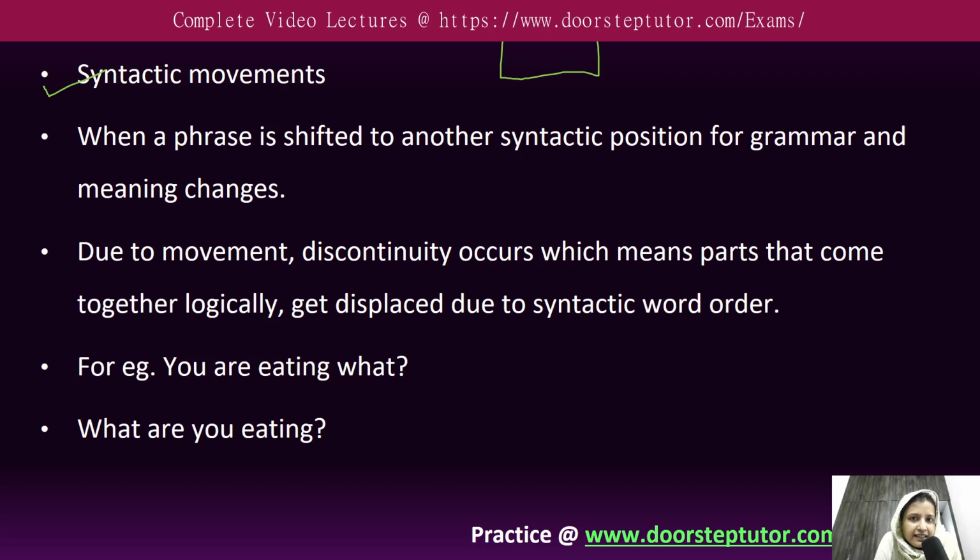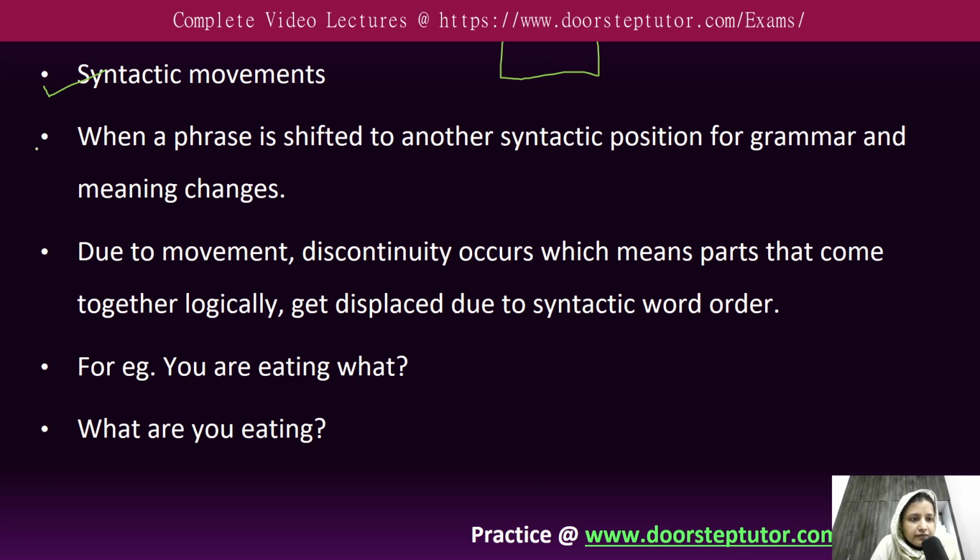For example, if I say the beautiful girl, I can replace the whole constituent with one pronoun, which is she, right? So every constituent can be picked up from its position in the sentence and placed elsewhere according to the rules of grammar, the rules of syntax.